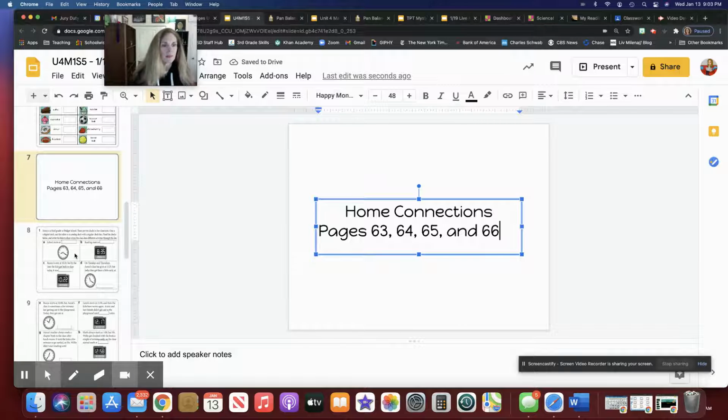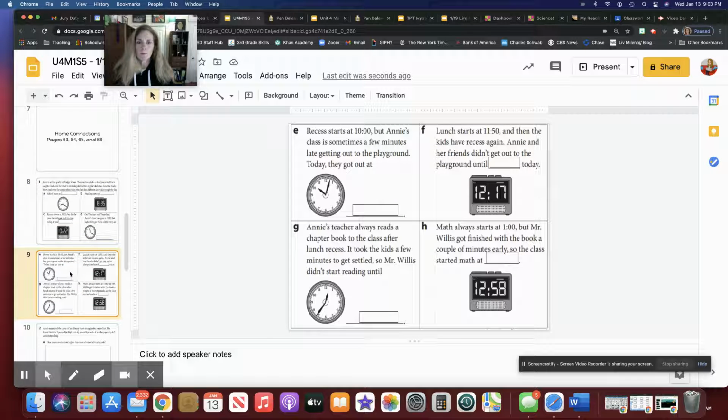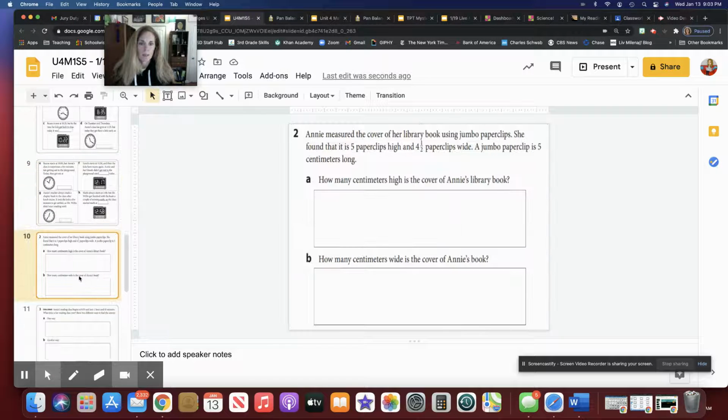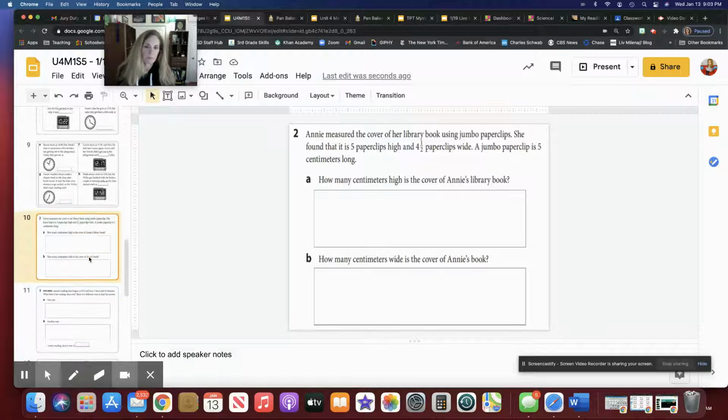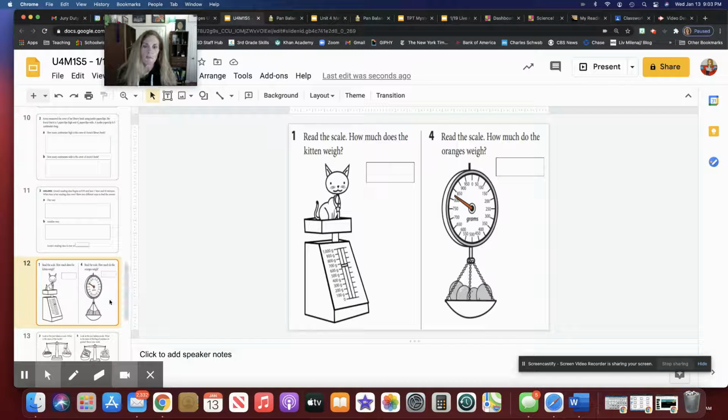They look like this. So you have a page with time. You have a page with measuring with paper clips. You have a page with mass.